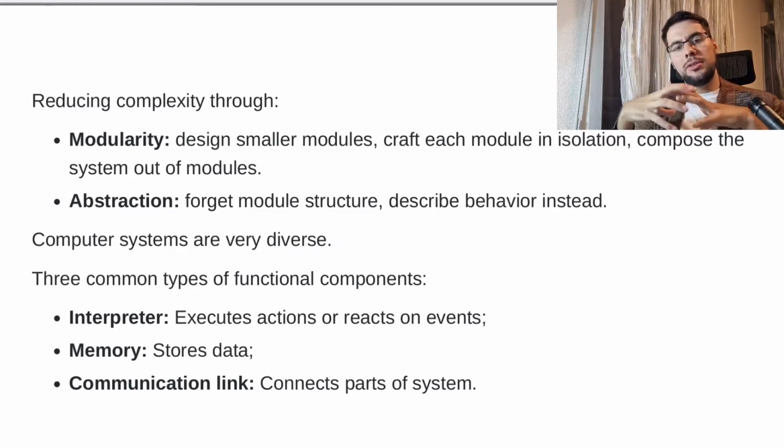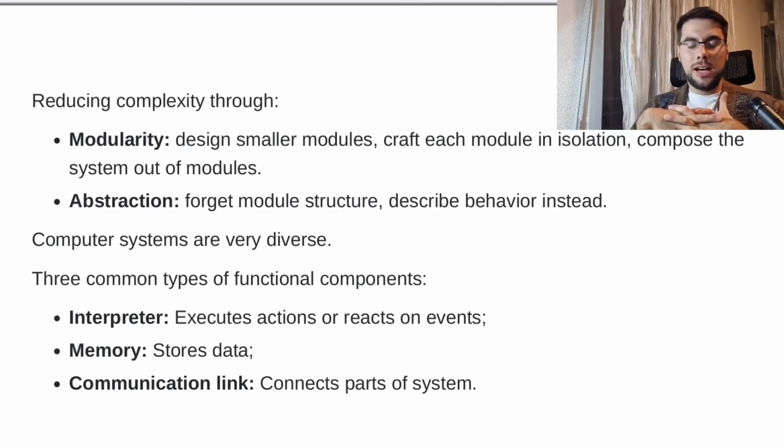Modularity is about designing smaller modules, crafting each module in isolation, and then composing the system out of those modules. And abstraction is about forgetting the inner structure of modules and describing their behavior instead. Computer systems are very complex and also very diverse.